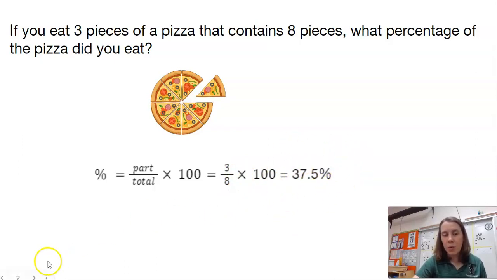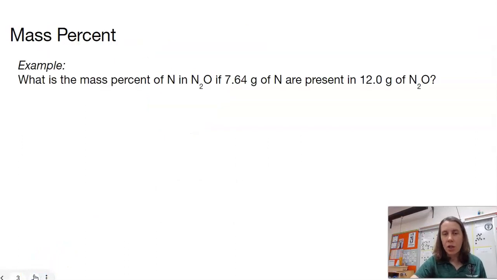All right, so now let's move on beyond pizza. Let's take a look at an actual chemical that we want to know the mass percent for. So what is the mass percent of nitrogen in N2O? All right, and the problem tells us that we have 7.64 grams of nitrogen in a sample that has 12 total grams of N2O.